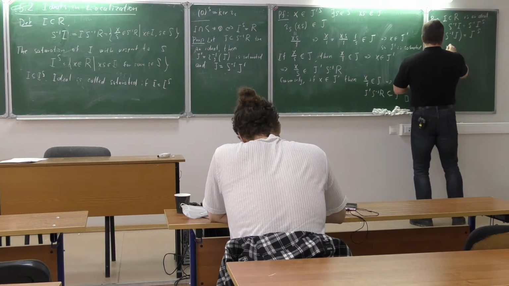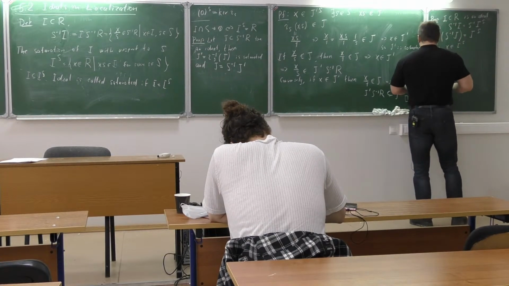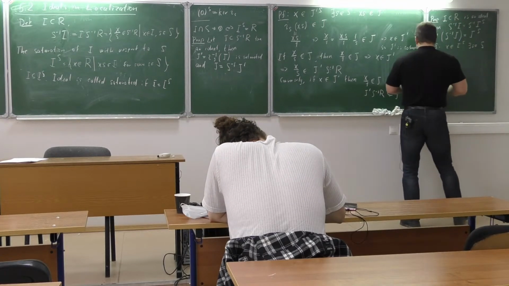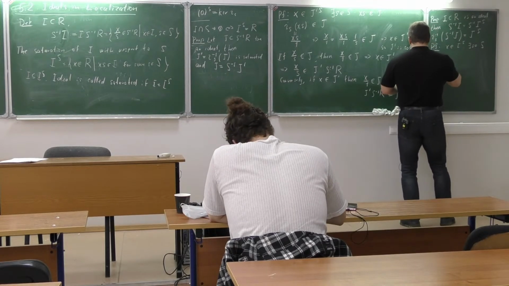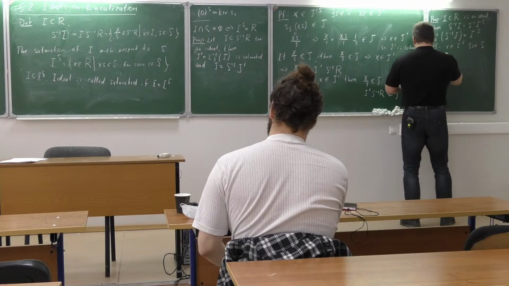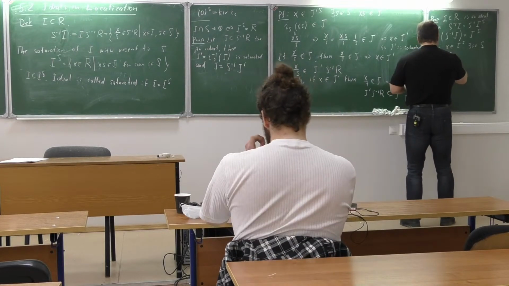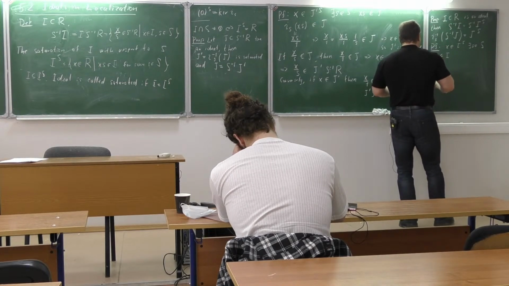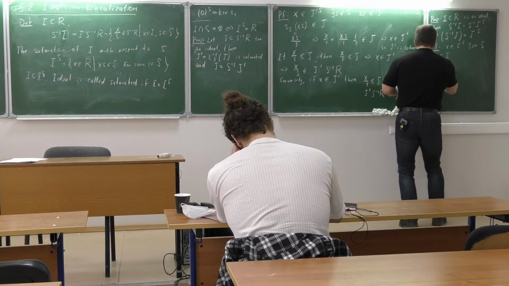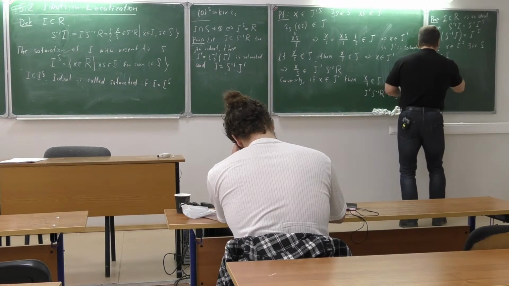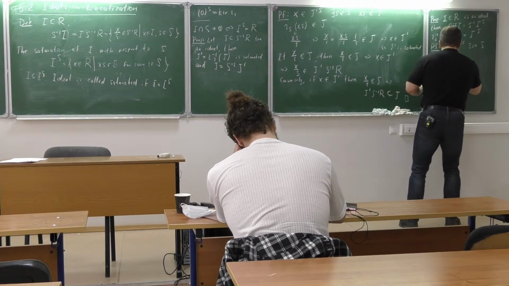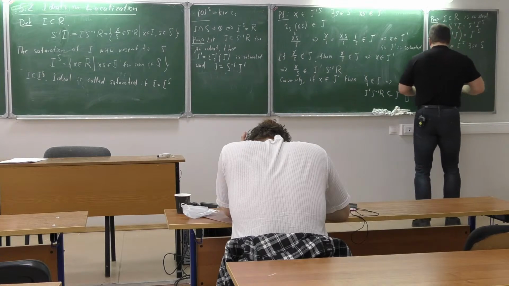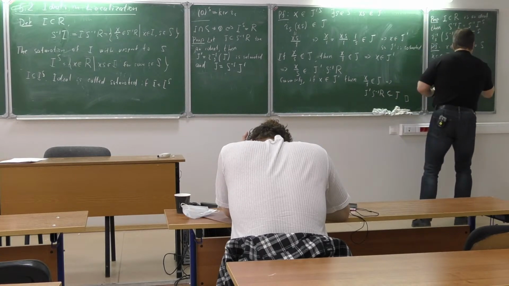So if you take x in the saturation, so in the I^S, there is an element s in the multiplicative set S, such that the product xs is in the ideal I. Okay, if the product is in the ideal I, I can say the following: the fraction x over 1, which is the same as xs over 1 times 1 over s, is in the localization of the ideal. So let me write this maybe as I S^{-1}R.